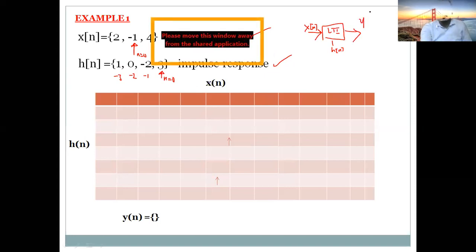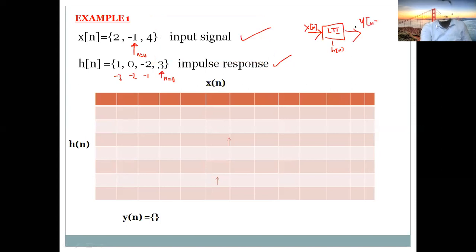What is the response of this LTI system with impulse response, as you can see here, is given, and input signal is given. So we are asked to calculate y of n using convolution sum.